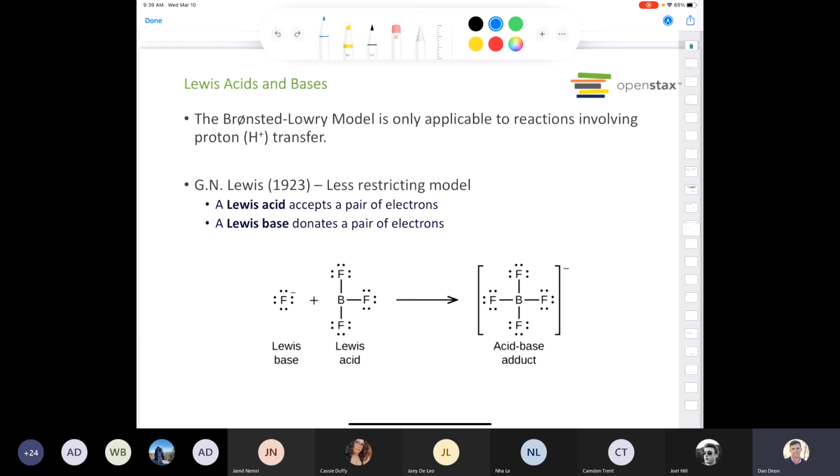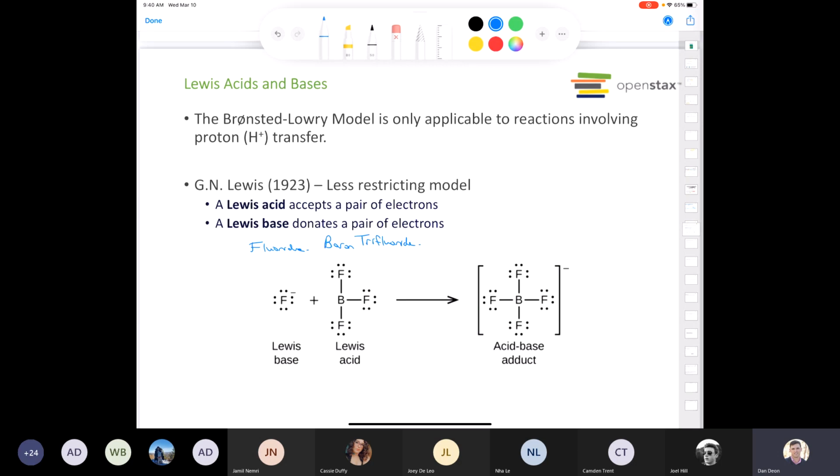So if we look at what's going on here, we have a reaction between fluoride. So here we have a fluoride ion, and then this is called boron trifluoride, right? You guys are rock solid on your nomenclature. So here you have boron trifluoride and fluoride ion.